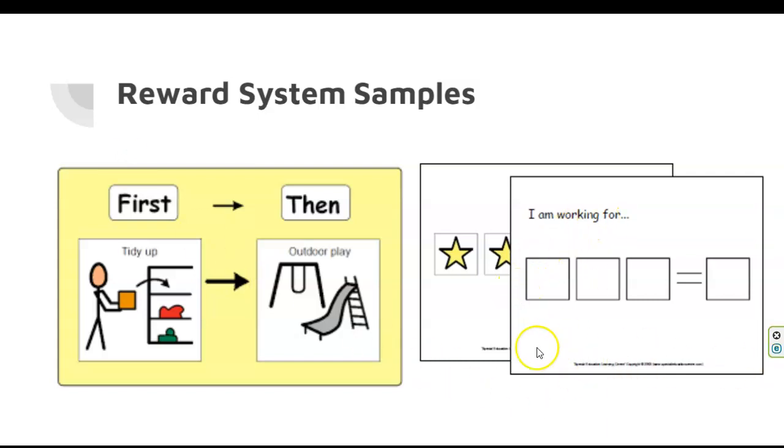Here's another one. You can use a star schedule. Again, I always laminate these and use visuals. And then I would hand the reward or the star to the child, and if possible, give them selective choices for their reward.